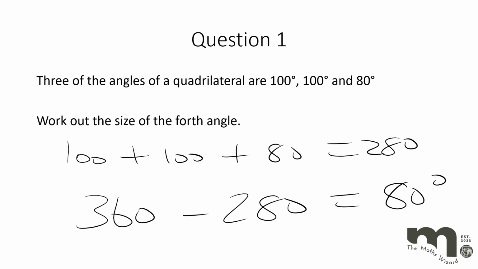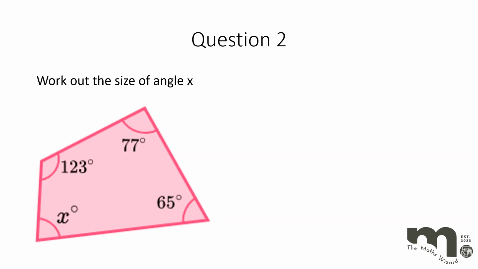Let's go to our next one. All I want you to do on this one is work out the size of that missing angle. We've got three angles already given to us, and I just want to know the size of the missing one.